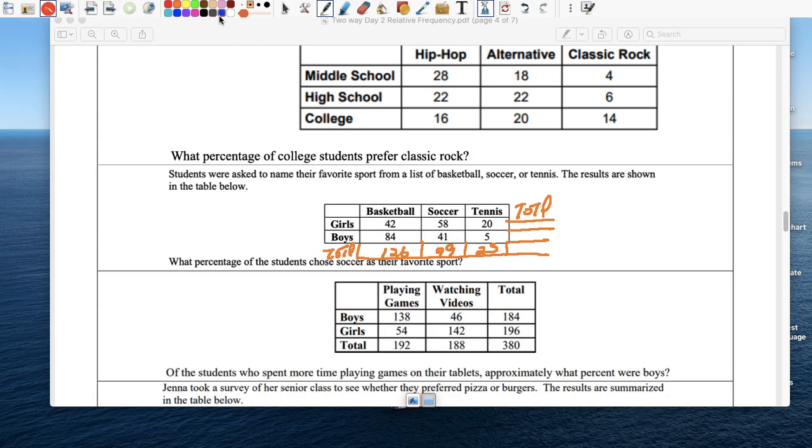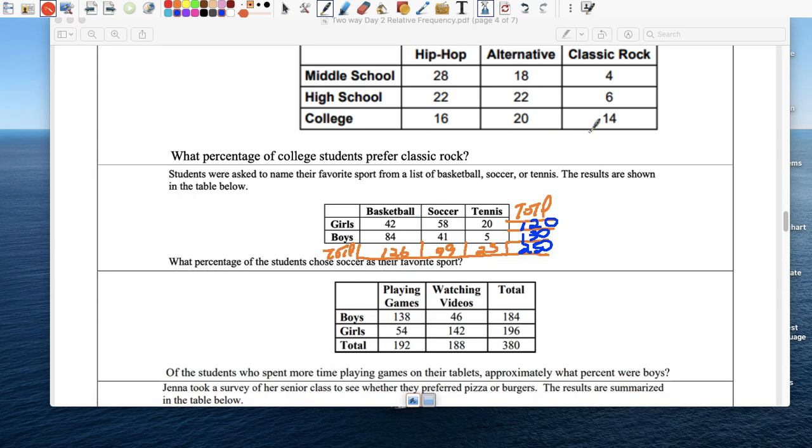Going across, change colors. Going across can be 42 plus 58 plus 20, which is 120. And we have 84 plus 41 plus 5, which is 130, so that gives us 250. So this is 126, so we just check 126 plus 99 plus 25 is 250 as well.